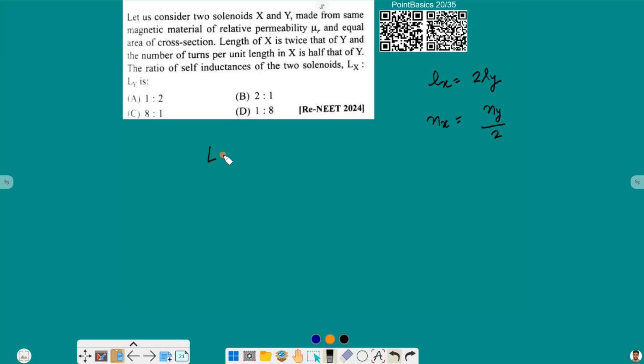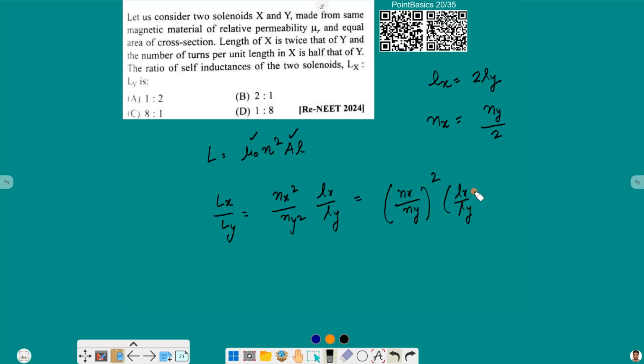Now self-inductance is given by mu naught n squared into area into length, where small n is the number of turns per unit length. Now the material is the same, so mu naught is the same and the area is the same. The only difference is n and l. So Lx by Ly will be nx square by ny square into Lx by Ly, that is Nx by Ny whole square into Lx by Ly.